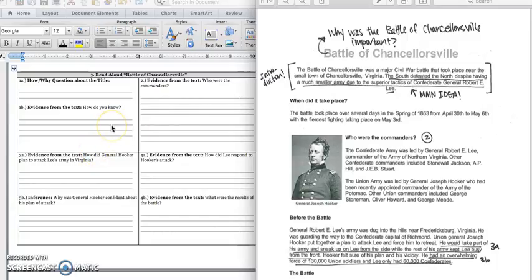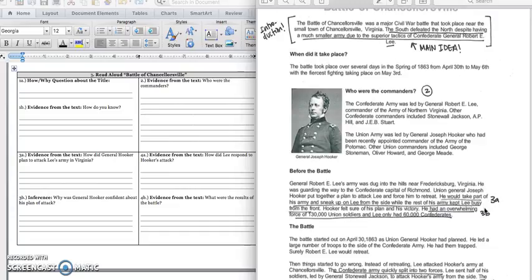So for our main idea in 1B, we would write, the Battle of Chancellorsville was important because Robert E. Lee used superior tactics to defeat the Union Army, even though he had fewer men than the Union Army. All right, so press pause to write down your answer and play when you're ready to keep reading.